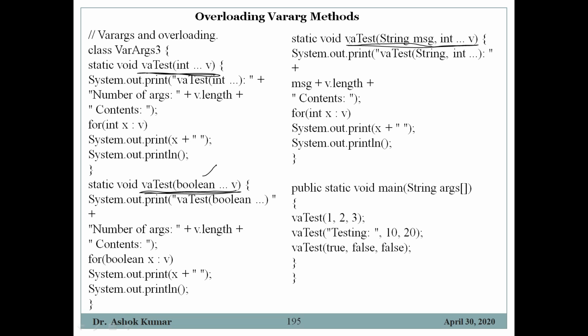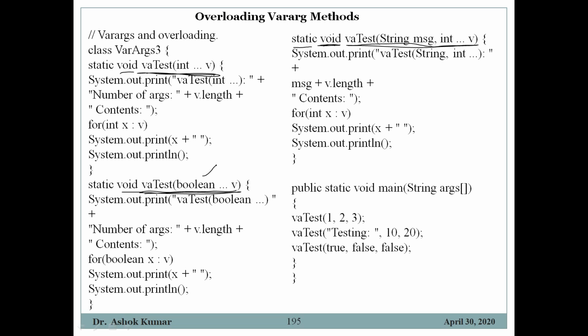The third method, VA test, has two parameters, so it's different from the first two because they have just one parameter. I repeat, the difference of the return type is immaterial. All these methods are returning void, but if the method parameters are the same but the return type is different, then those methods cannot be overloaded. So this is another important point.